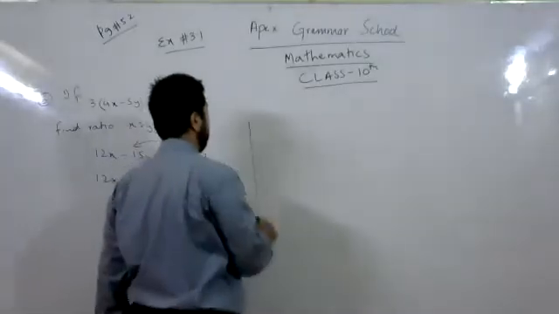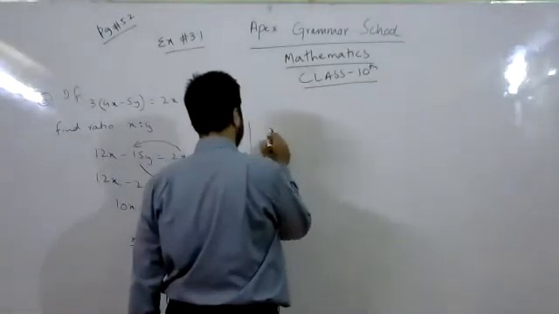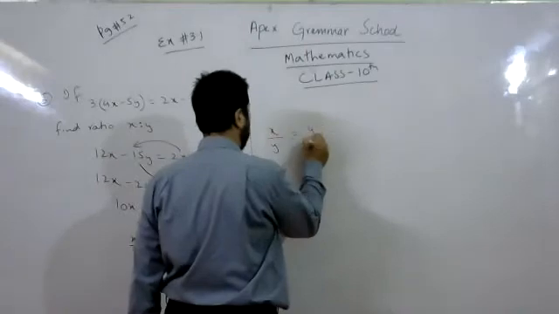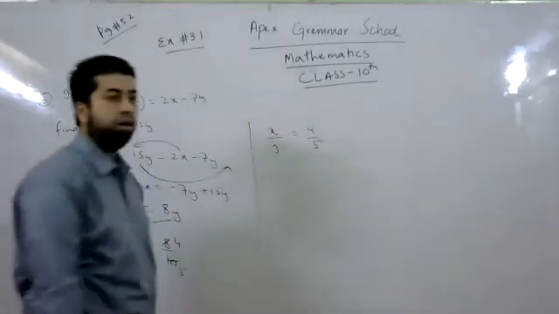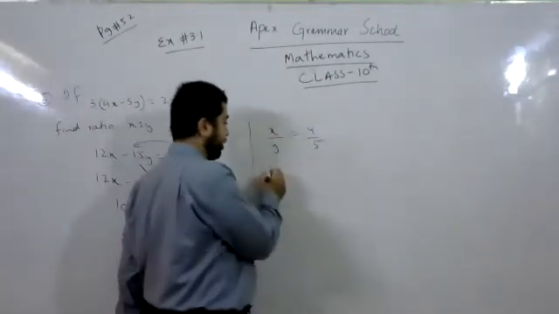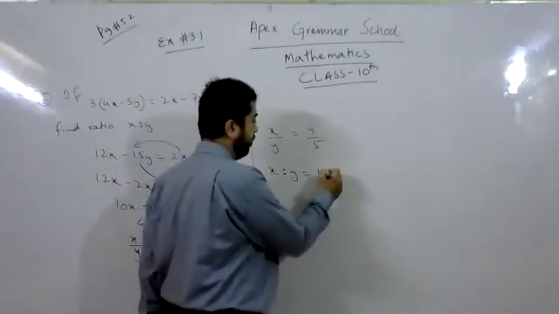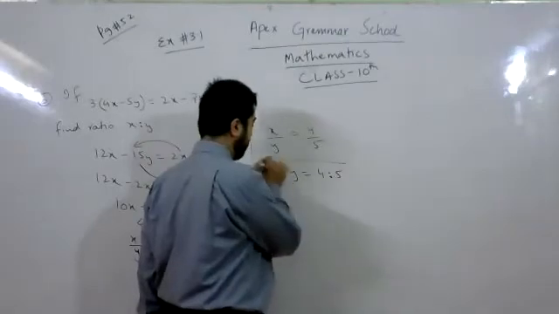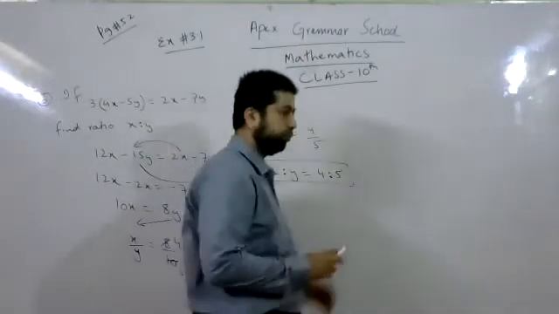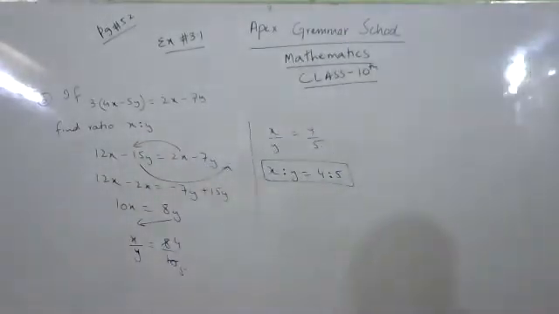So we have x divided by y is equal to 4 divided by 5. Or we can say that x ratio y is equal to 4 ratio 5. And that's it. This was question number 3.